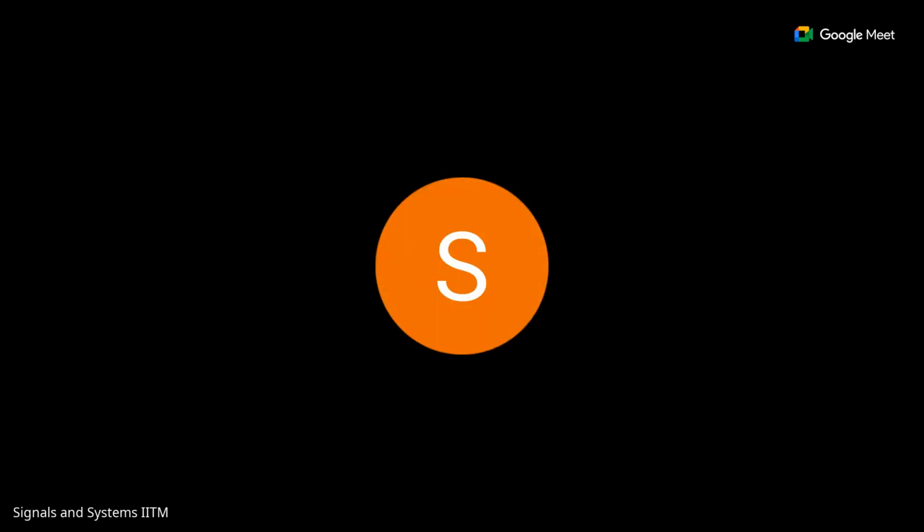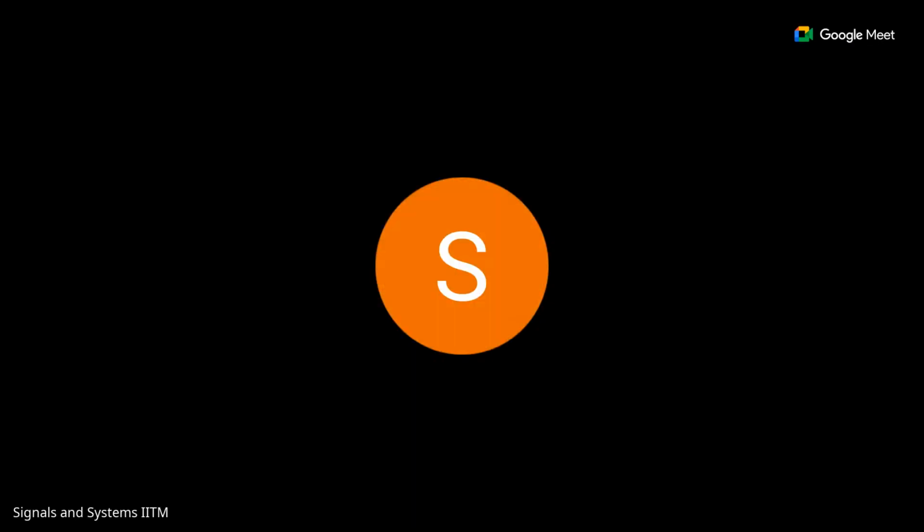For some split systems, for k greater than or equal to this, the signal will be this, and for k greater than 1, the system will be this.